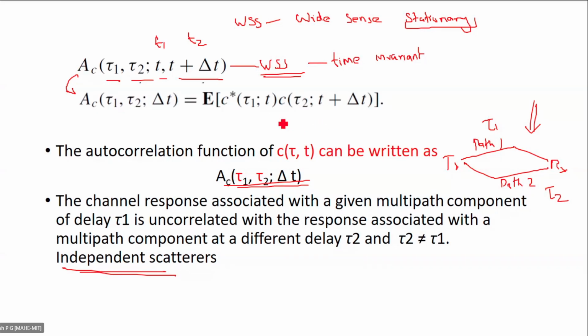This is the standard expression for autocorrelation. Now we have the autocorrelation function of the channel C of tau comma t, written as AC of tau 1 comma tau 2, then delta t.